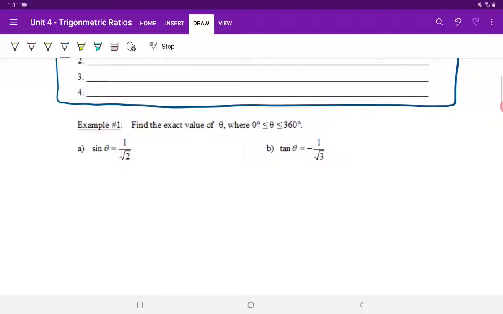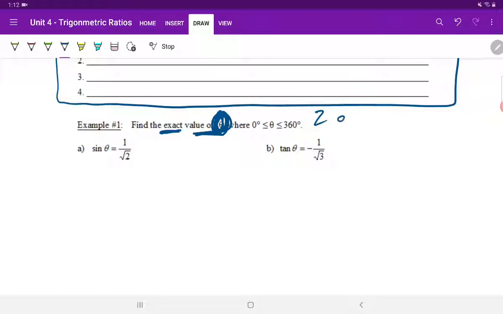It says find the exact value of theta. So again, we are now finding theta, and we are finding the exact value of theta. And as I've said in previous lessons, when you're looking for the exact values, there's almost a guaranteed chance what you need to do is do something with special triangles. We have to find all the answers that provide, well, we know there's going to be two.